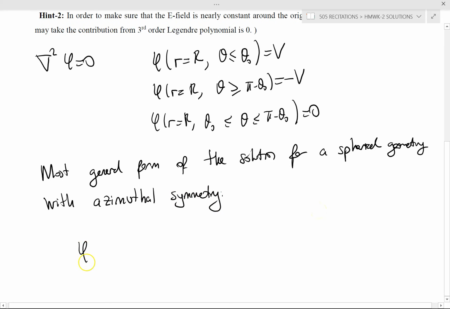You have already derived this. I am not doing it again. You will be remembering it in a second.